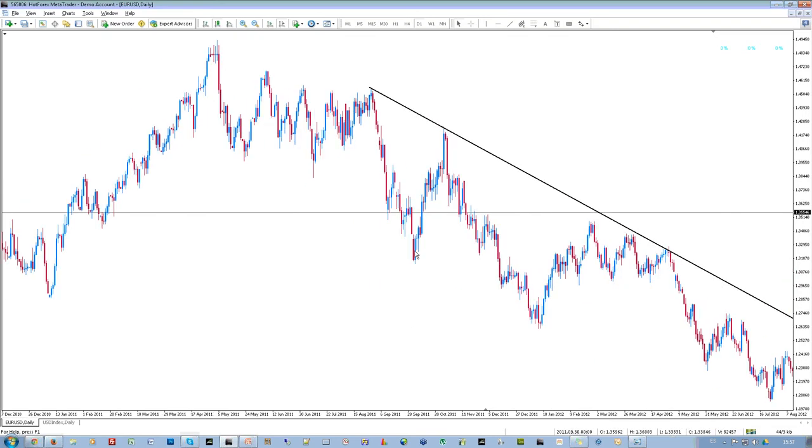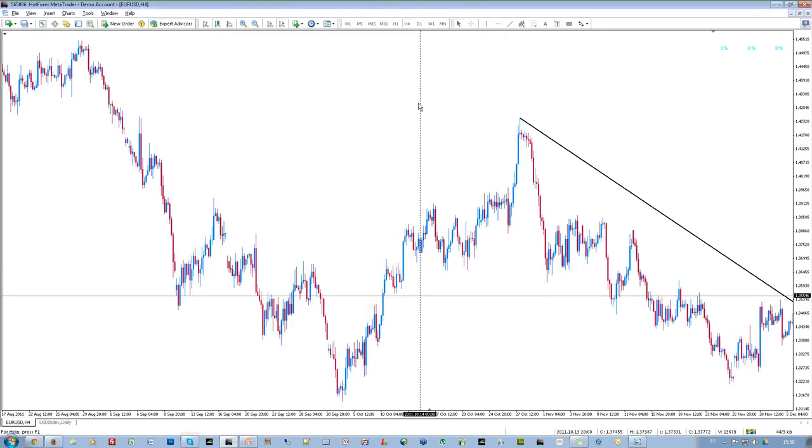Here, for example, this is the downtrend on the daily. But on this area, if we go to the 4-hour chart, it won't be a downtrend. It will be just the opposite. You see? Look at how the trend line is being respected to the pip.